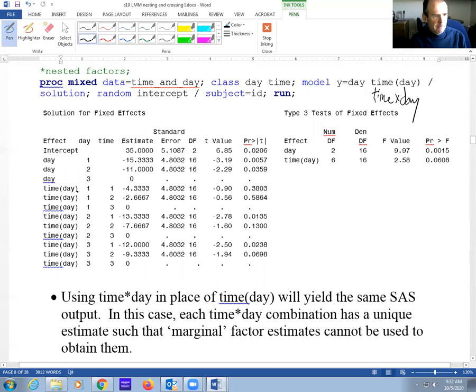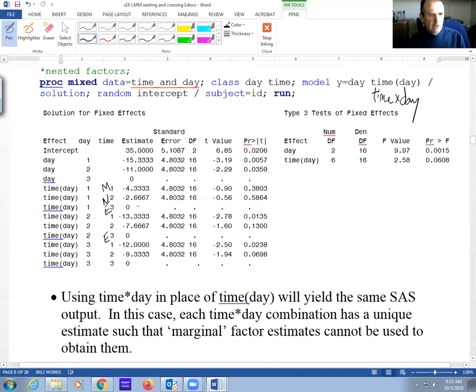So you can see we have day 1, 2, 3. Then we have time within day, so we would have morning, noon, evening, and then the same thing, but because they may have taken their morning measurement, like one day it could have been at 9 o'clock and the next day maybe it was at 7 or something like that, we're allowing separate estimates for each day for those morning, noon, evening times.